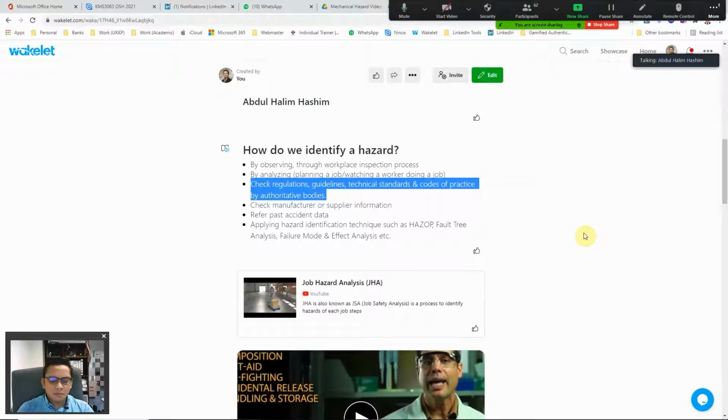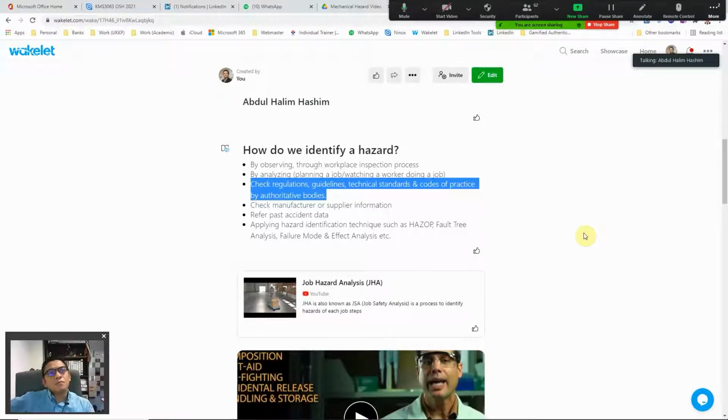So this document usually have different labels. Some call it regulation, guidelines, technical standards, codes of practice, usually by the authoritative bodies lah, mana jabatan yang berkuasa lah. And sometimes it is a document that is written by the organization, the company. Usually when you buy things, for example, you buy a tool from the hardware store, for example, electric drill, for example.